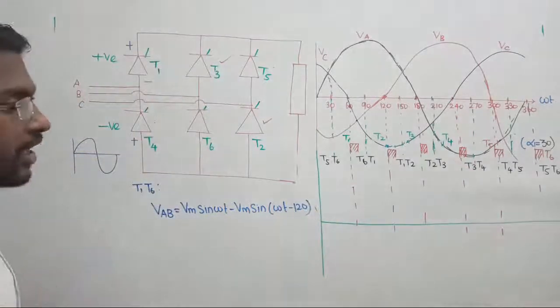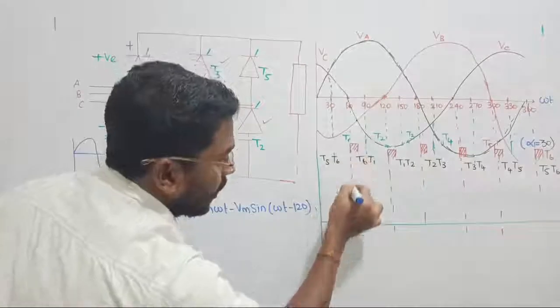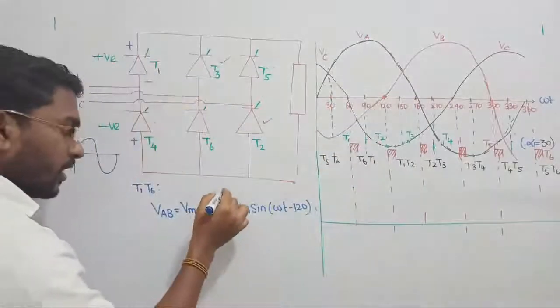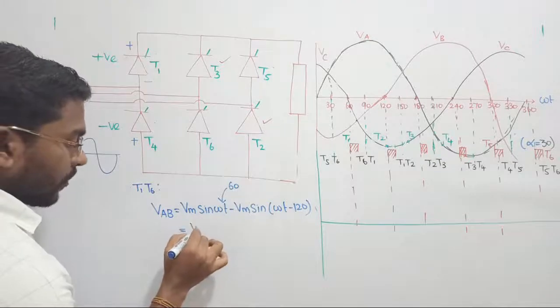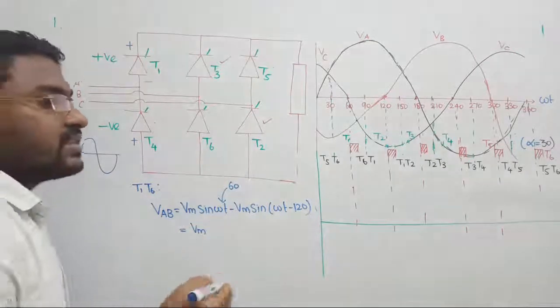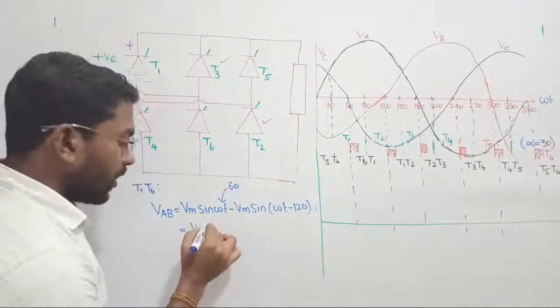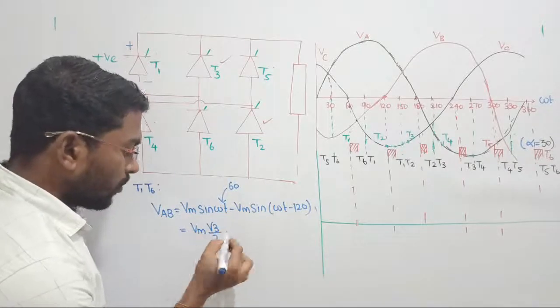Shall we substitute omega t? We are standing at omega t equal to 60 degree, right? So omega t is going to be replaced by 60 degree, such that Vm into sin 60, and we all know sin 60 is √3/2.